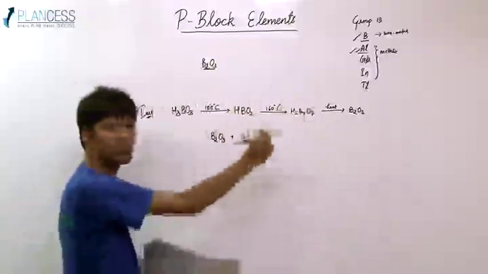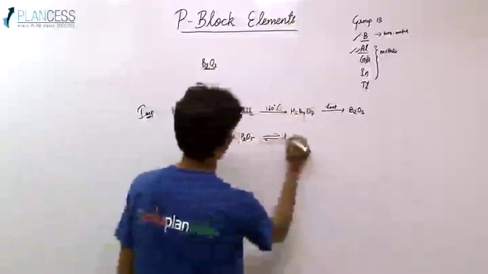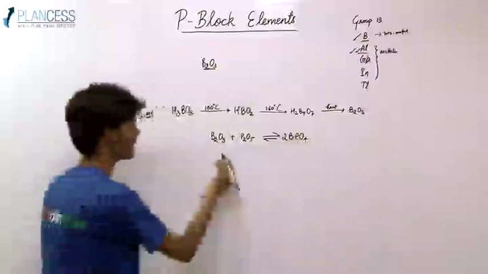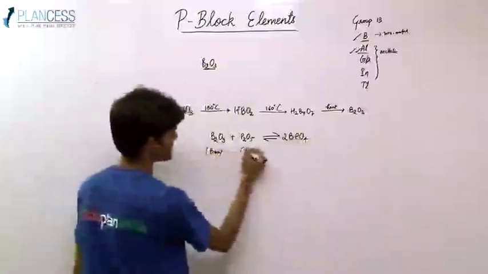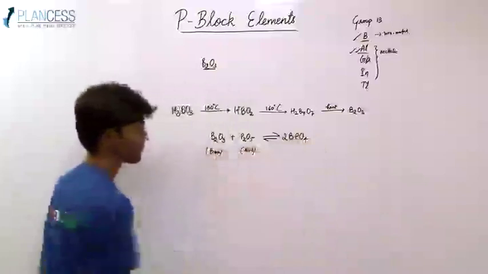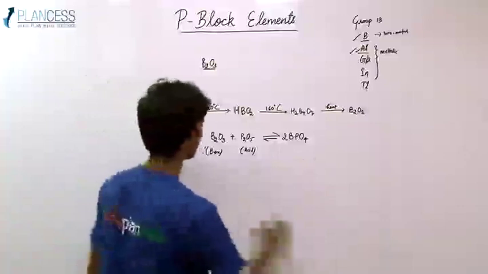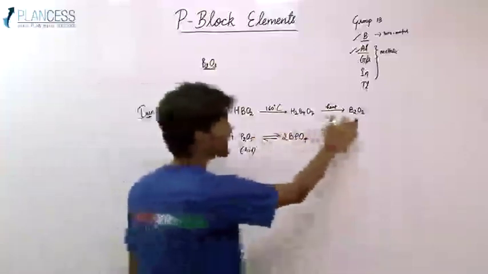That is, B2O3 reacts with P2O5 and forms 2BPO4. So this is the reaction. Here it acts as a base, there it acts as an acid. So predominantly it is acidic in nature.